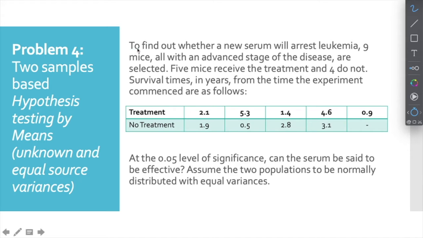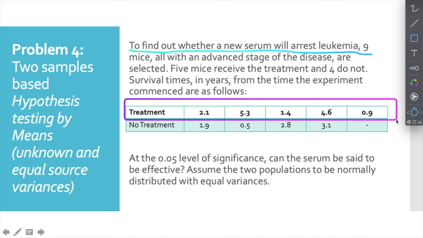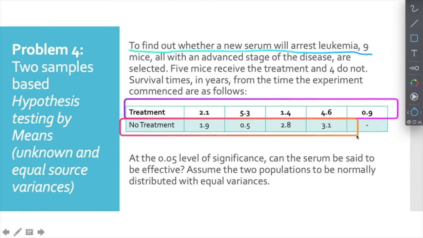So I will read out the problem to you. Find out whether a new serum will arrest leukemia. 9 mice, all with the advanced stage of disease, are selected. 5 mice receive treatment, 4 do not receive it. This was the set of data where mice had a treatment, here no treatment was given.